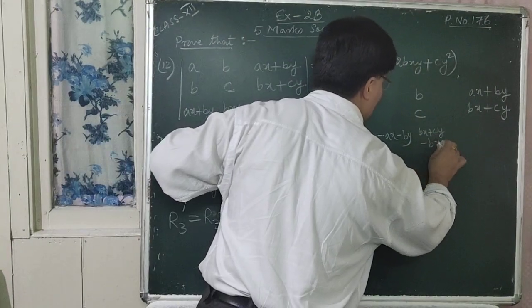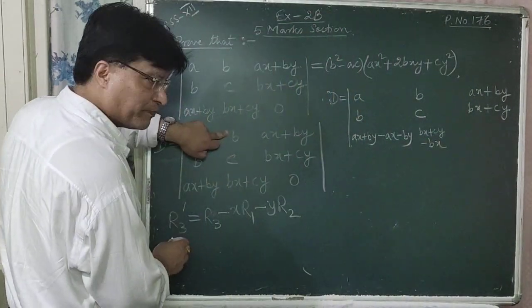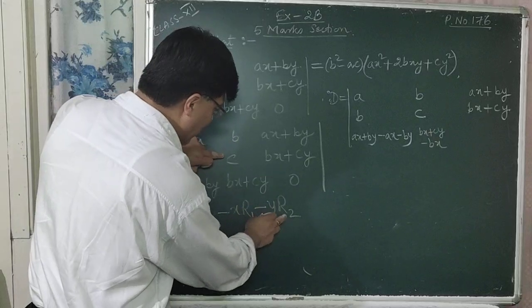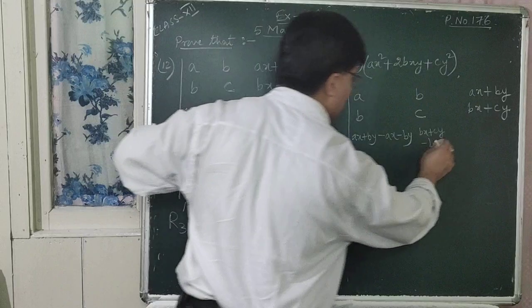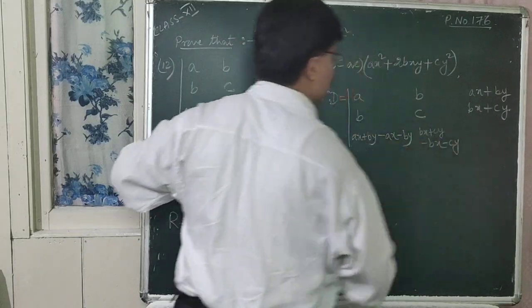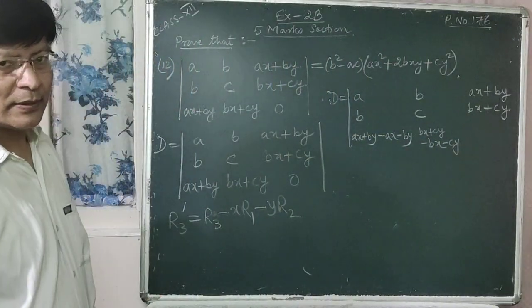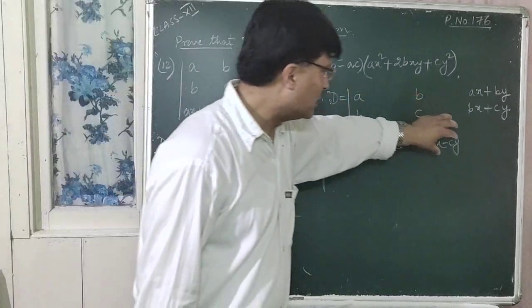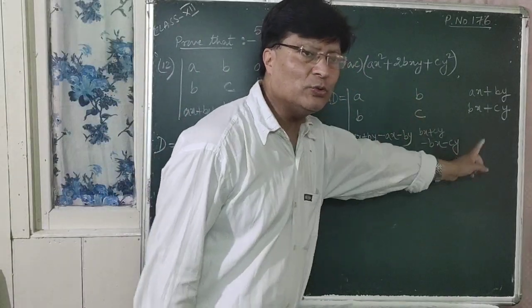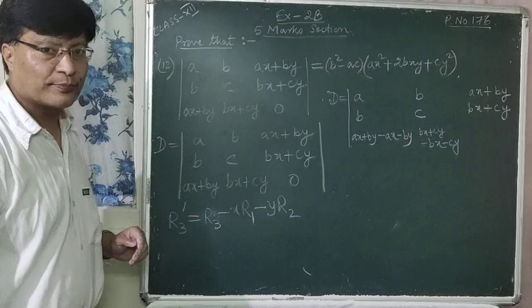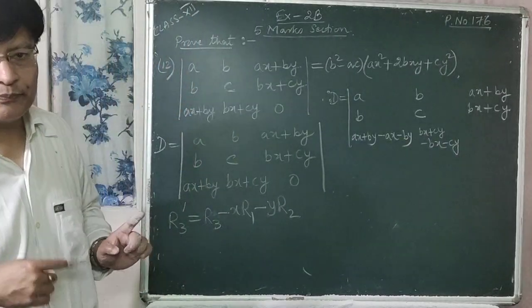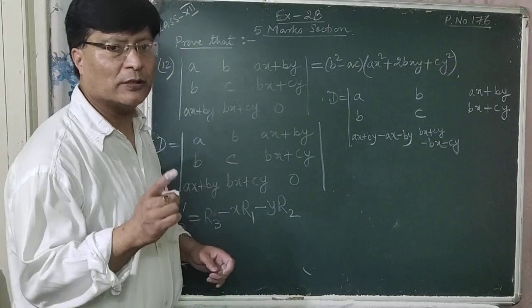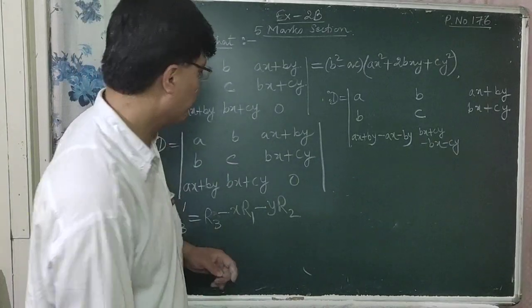Right? Then minus Y into R2 means this C, minus CY. This is minus CY. Is that clear now? This is the second element of the new third row. Right?